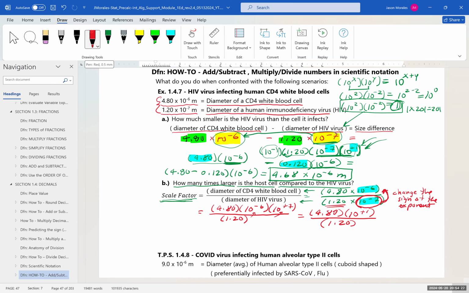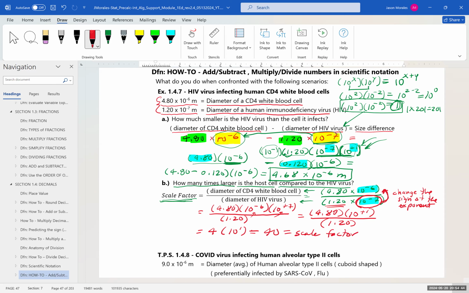So if we take 4.8 and we divide it by 1.2, we get 4. And so that's going to be 4 times 10 to the 1 power. And 10 to the 1 power is just 10. So 4 times 10 is 40. So 40 is our scale factor.